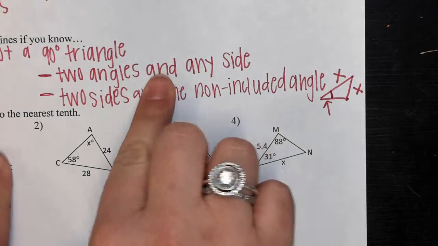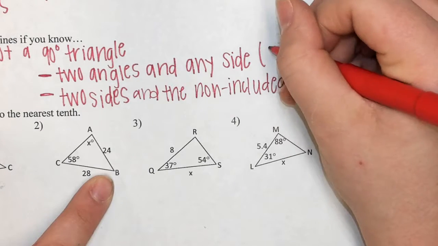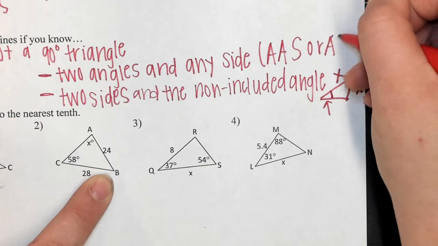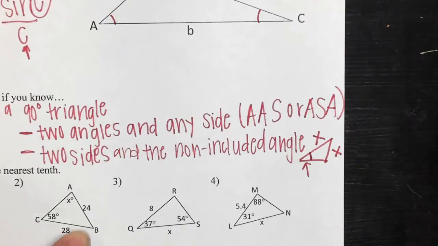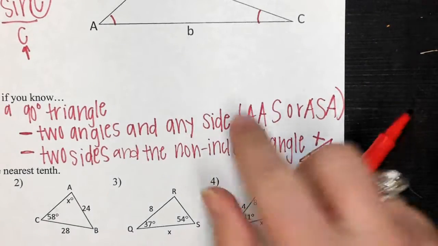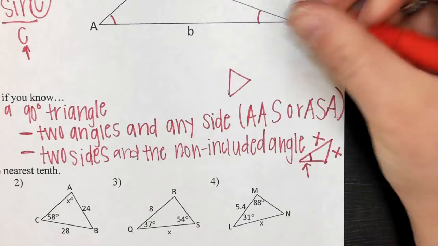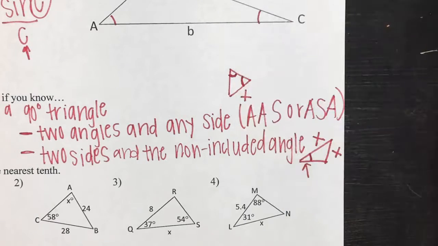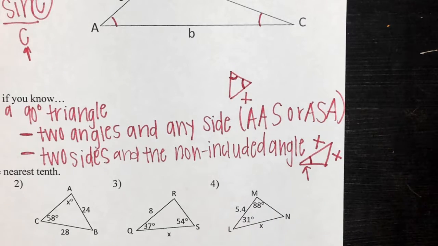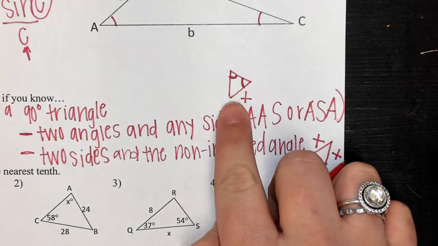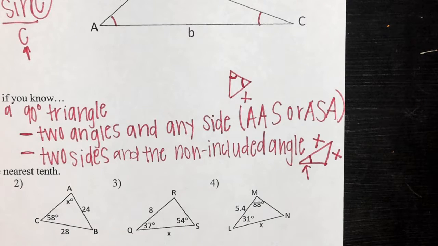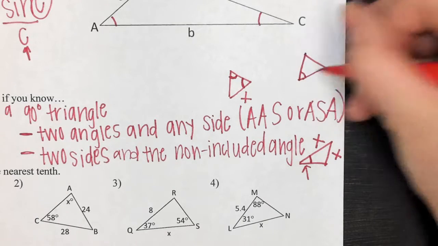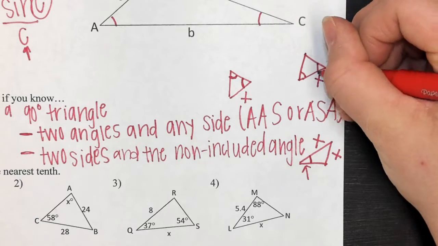Two angles and any side, that's talking about, remember how we did it like AAS or ASA? So if you know this angle, and this angle, and this side, then you know to use law of sines. If you know two angles in a row and then a side, or if you know an angle, then a side, then an angle.